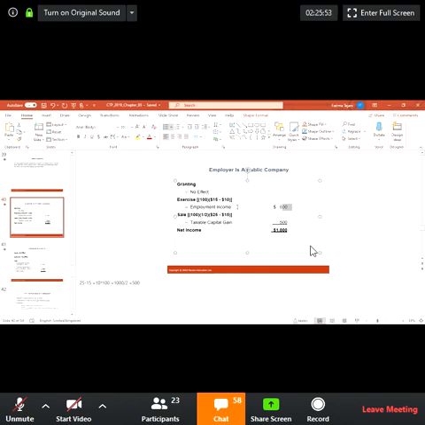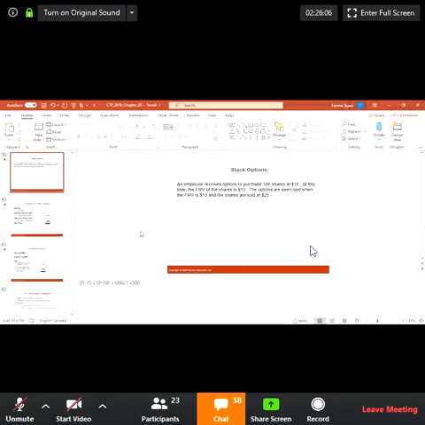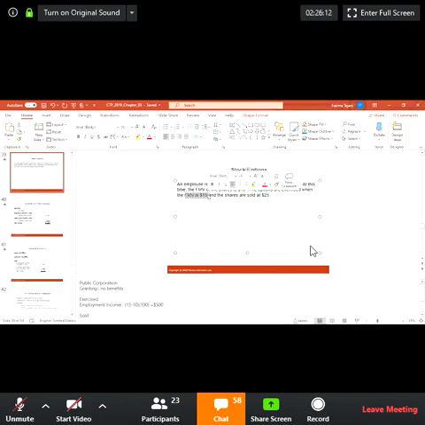But because the employer is giving you a $10 benefit, this is a taxable benefit. Now you decide that you want to sell the share. When you sell the share, it is the difference between the fair market value of the selling price minus the fair market value when you purchased the share. That's how you calculate it.